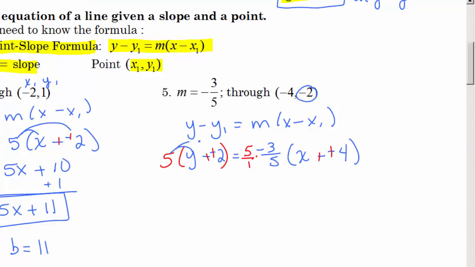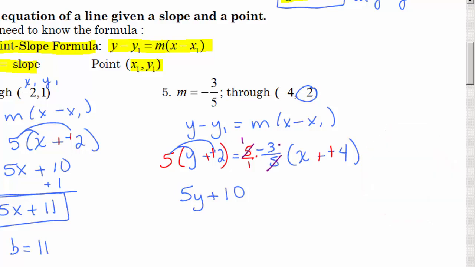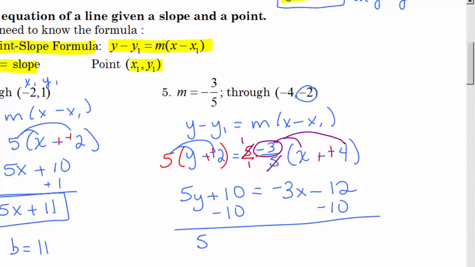Let's do it. So I'm going to distribute. And here, are you listening? Are you watching? Don't go too fast. These 5's reduce out. That's why I did it. And now I'm only distributing that negative 3. The 5's reduce, and now I'm distributing the negative 3. Keep going. I need to get y by itself.